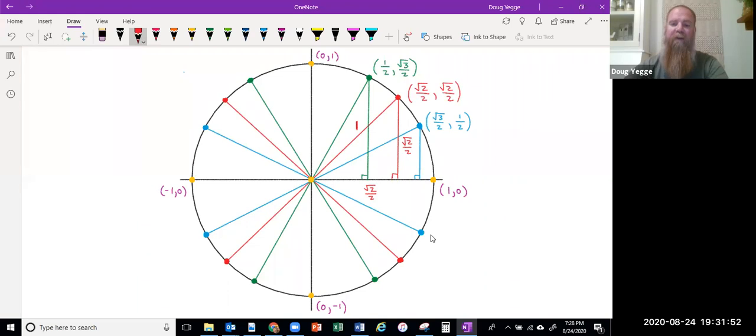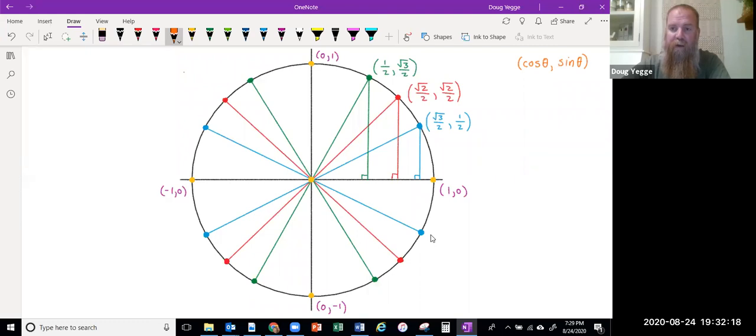So now that we see how we can construct this one quadrant, we're now able to recognize that I could find all of my values for cosine and sine simply by looking at the x and y coordinates. We just need to remember that x is cosine of theta and y is sine of theta.